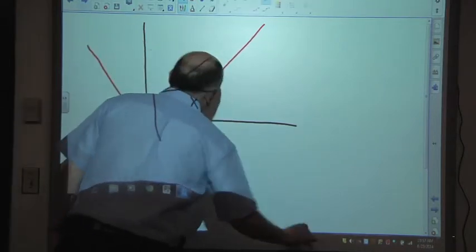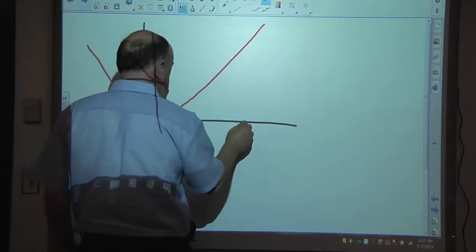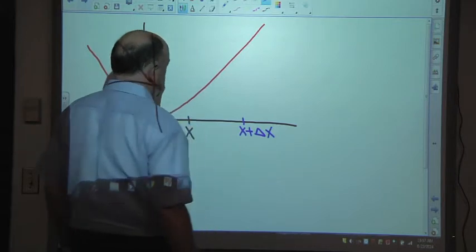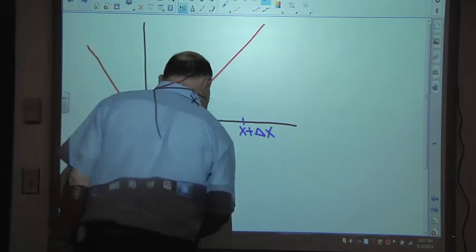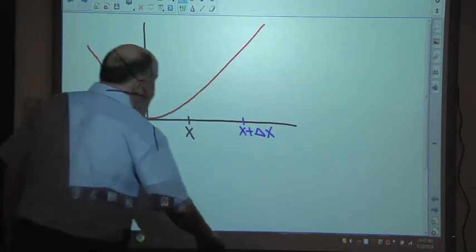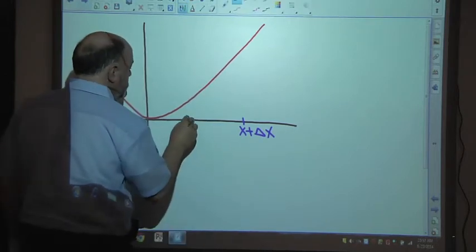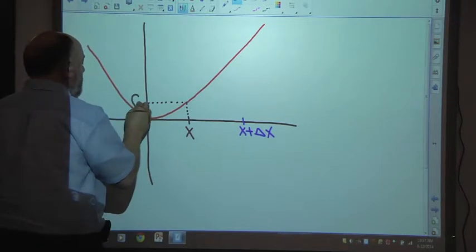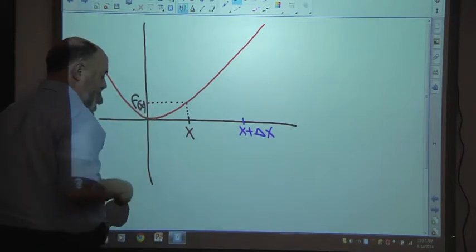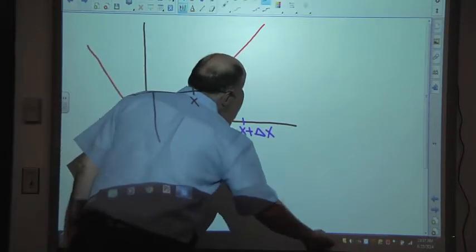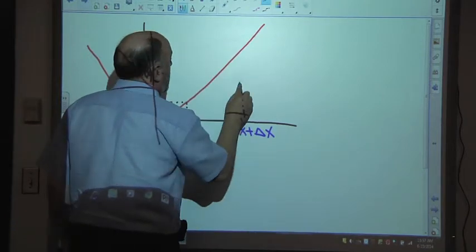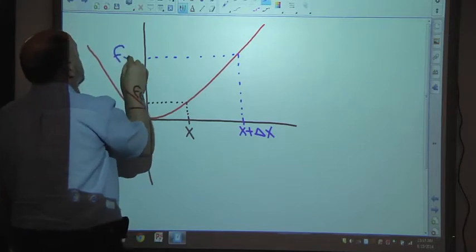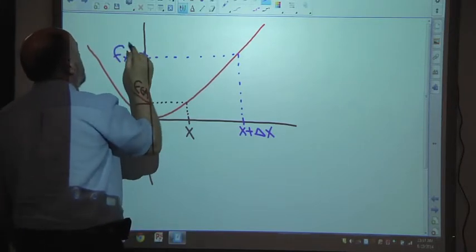Let's call this some other point, which will be x plus delta x. If I take this up and read across, this will be f of x. And if I take this one up and move across, this will be f of x plus delta x.